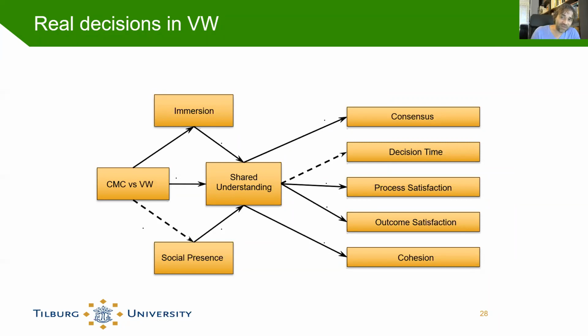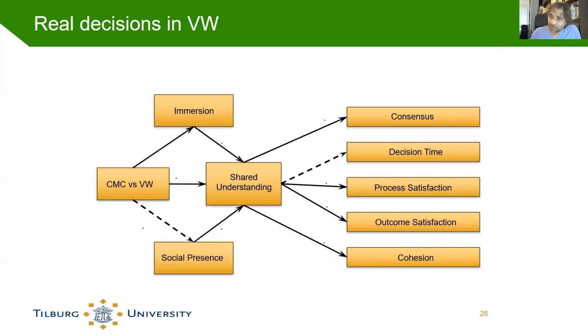Only the fact that people felt like they were in the same room helped them feel more immersed and in turn also a bit more present. And that helped them to reach a shared understanding. And that in turn resulted in better decisions, at least in terms of consensus, process satisfaction, cohesion of the team, etc.